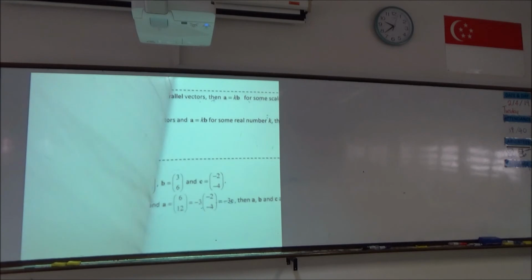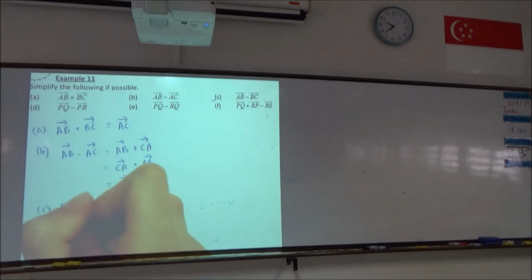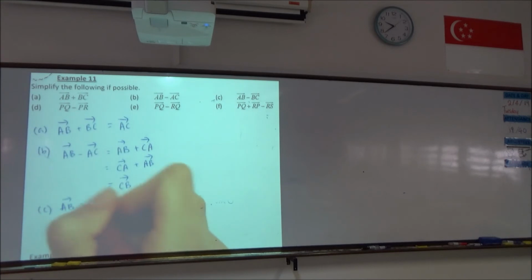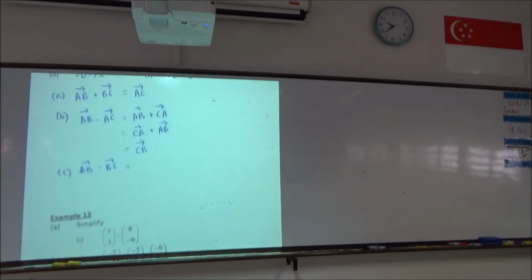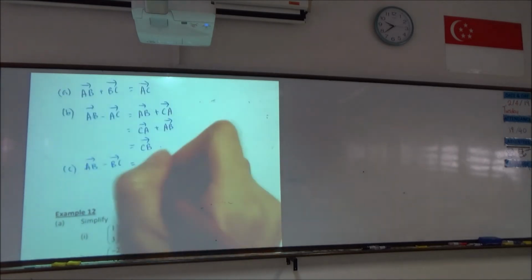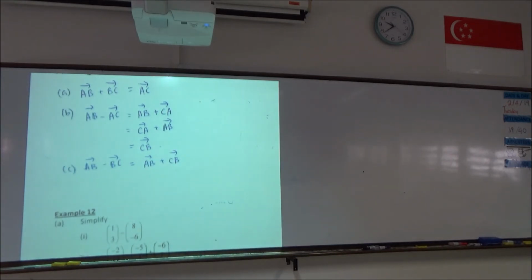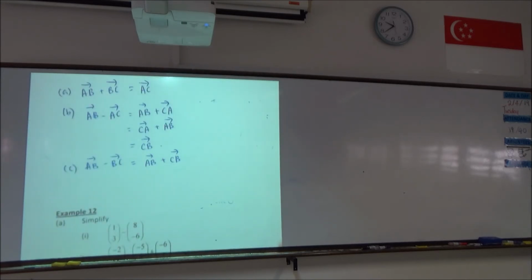Okay, part C, we have AB minus BC. So in this case, we want to change it into an addition in order to simplify this. So therefore, there will be AB plus CB. But then, does this give us anything? Okay, it doesn't give us anything, so this cannot be simplified.